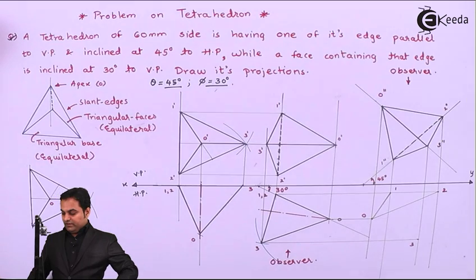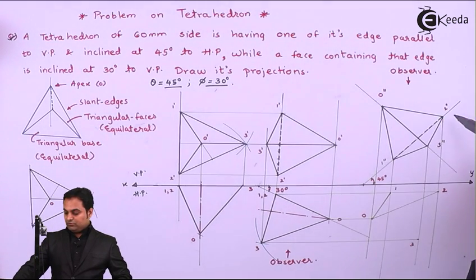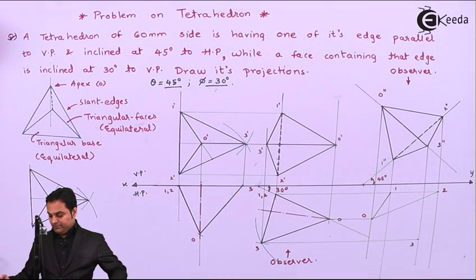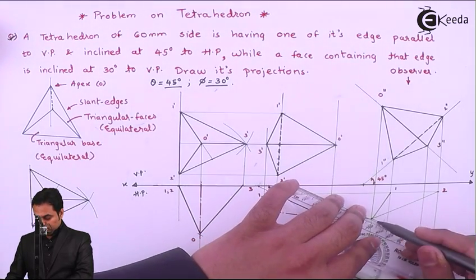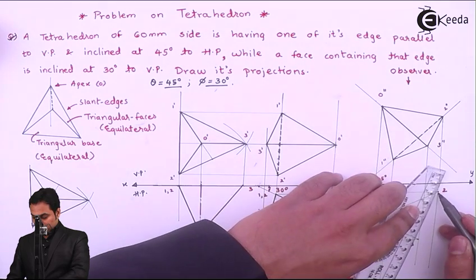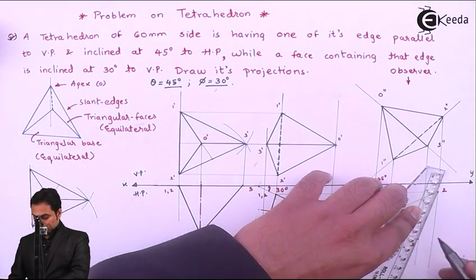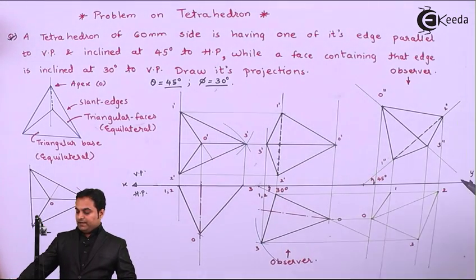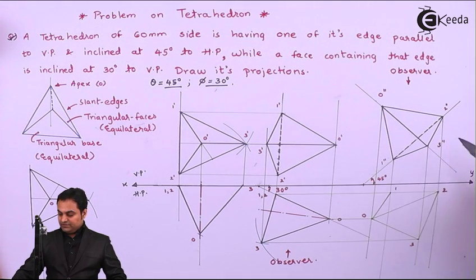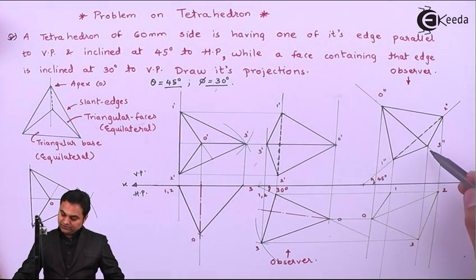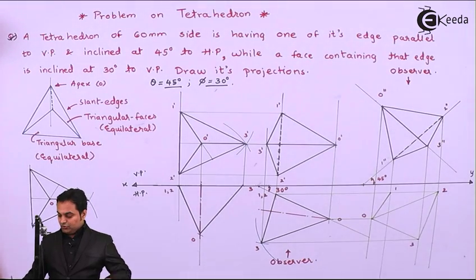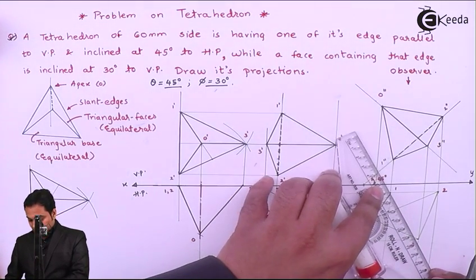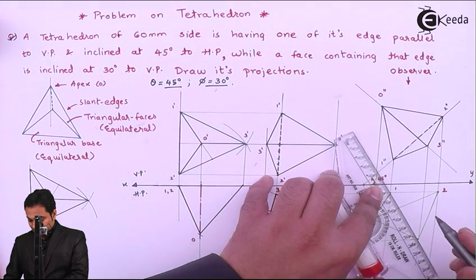Next, even the triangular face O double dash 2 double dash 3 double dash is visible. Next, edge 1 to 3, that is 1 double dash 3 double dash, is going behind the observer, so that needs to be drawn hidden. It will be drawn with the help of a dotted line.